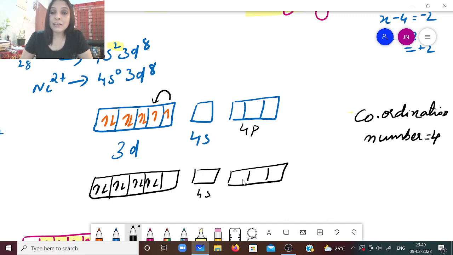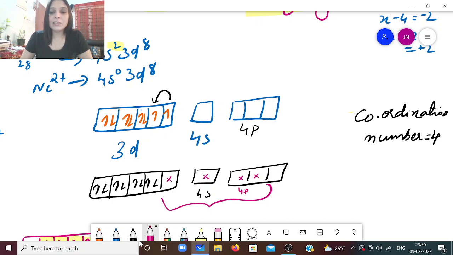For making 4 hybridized orbitals, 4 individual orbitals should be there. Which are the 4 individual orbitals here? See, this is an empty individual orbital. This is another one. This is another one. This is another one. So we have a hybridization like this. This is 4p.